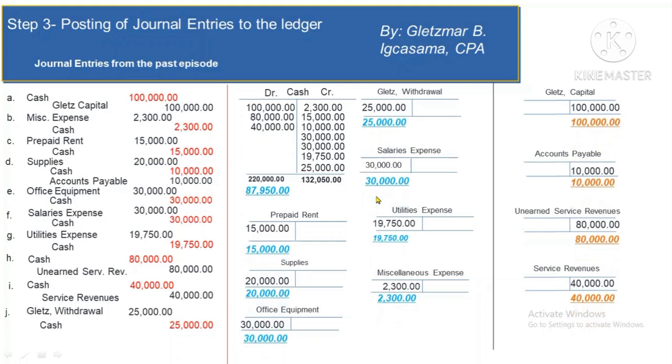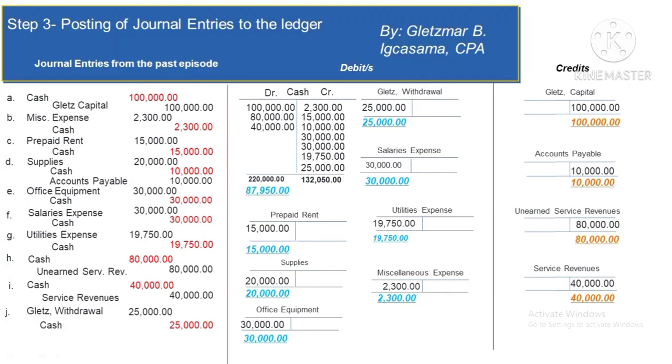As you can see, I have separated the accounts based on their normal balance. Actually, the assets, the withdrawal, and various expense accounts are here because they have debit as their normal balance. And of course, the capital, the liabilities, as well as the revenue accounts are here because their normal balance is credit. So why did I do that?